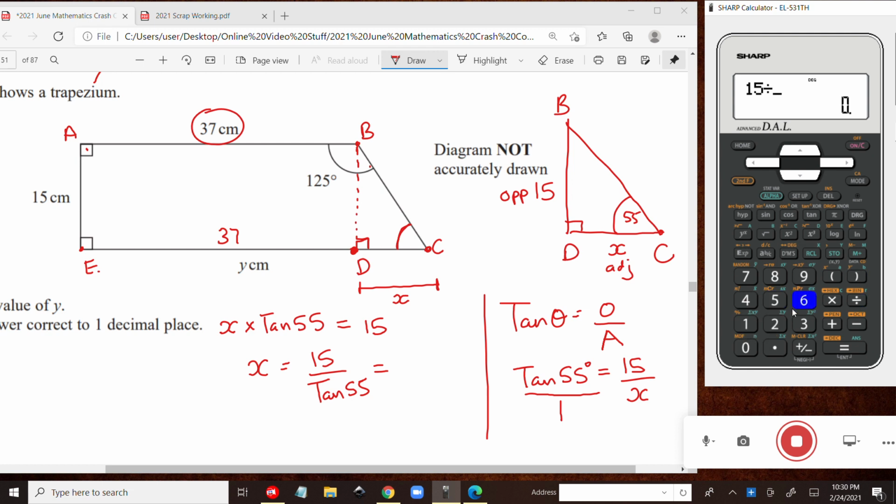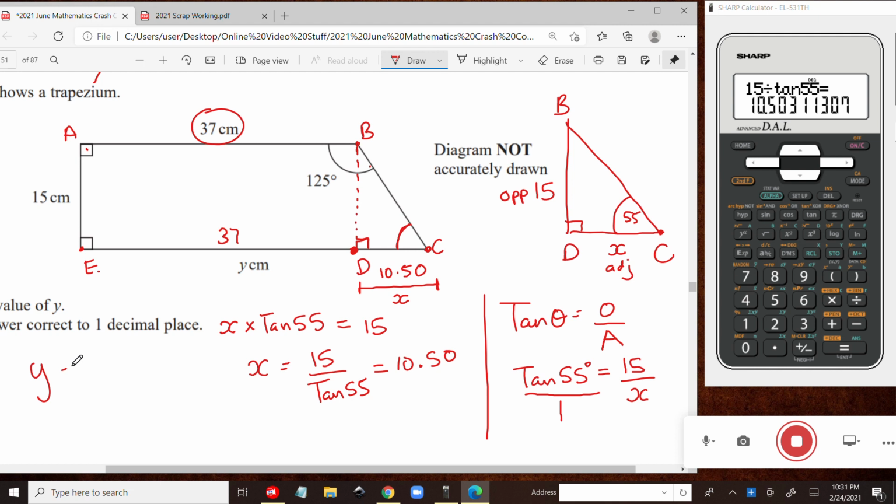15 divided by tan 55 is roughly 10.50. So that means this distance here is 10.5. Well, 0 if you want to put it in. So that means the total distance is 37 plus the 10.5.